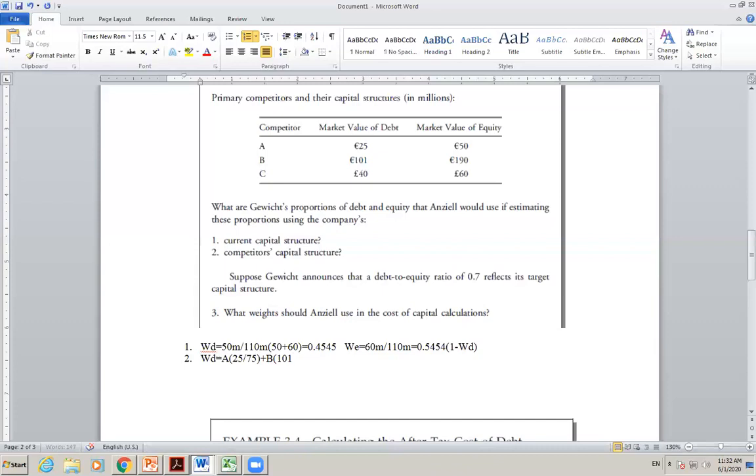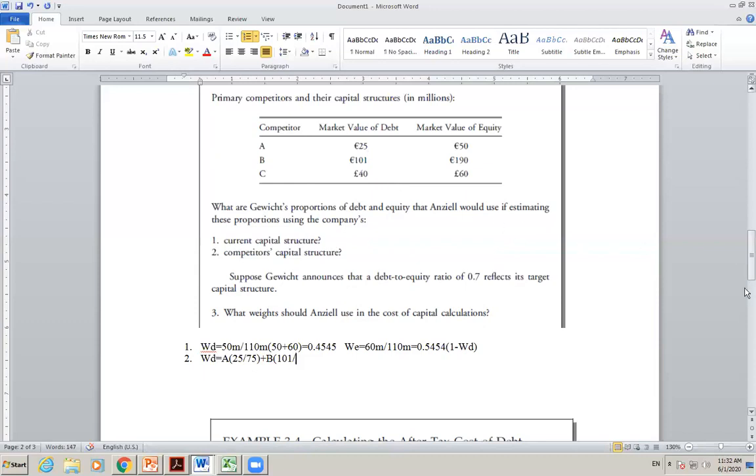101 divided by, it's not a multiplication, guys, okay? A and B are just there to help you understand in the right way. What I'm doing is just trying to calculate the weighted average for debt using the competitors' capital structure.